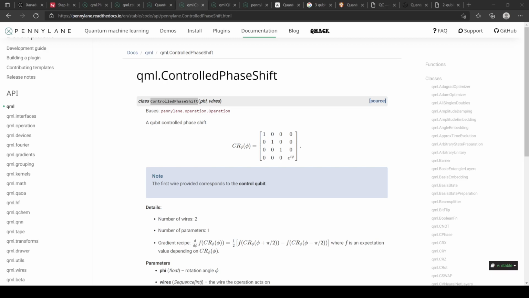Okay, it did not work. Let me try something. Okay, so I'm now using a controlled phase shift. Let me check one thing.